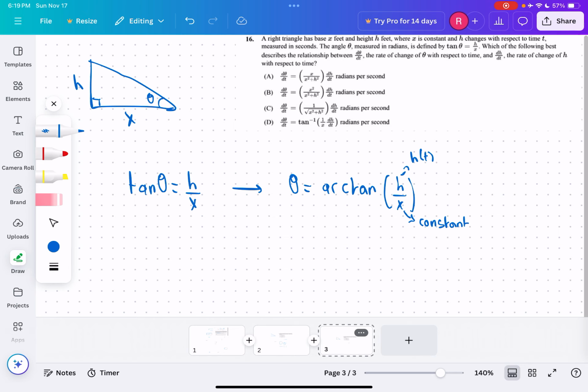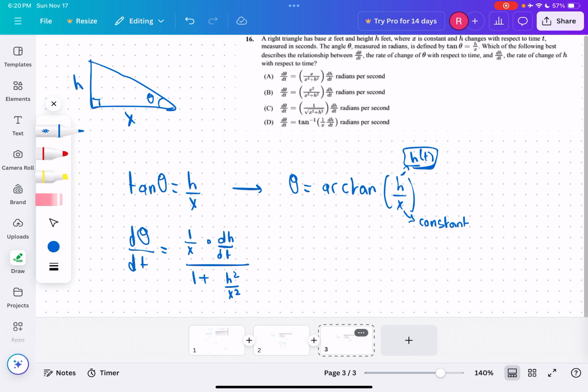So now, d theta over dt is going to be 1 over x multiplied by dh over dt, because h is to the power of 1, according to the chain rule because we're dealing with a function rather than a variable, over 1 plus h squared over x squared, or essentially h over x, all of it to the power of 2.